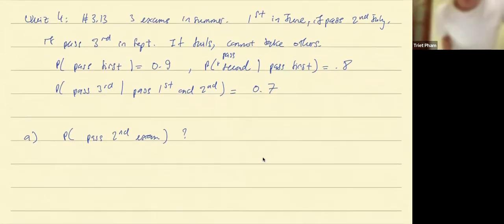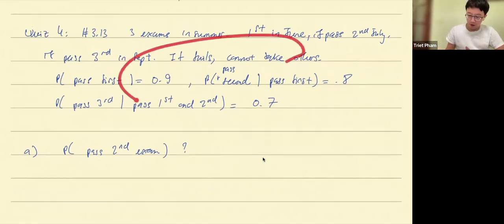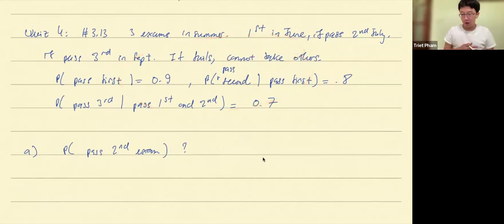Or, let's do this as well. Of course, this is in this section, so a tree is in order. But in general, if you have this kind of thing, it makes sense to think of a tree. So what would a tree look like in this problem?